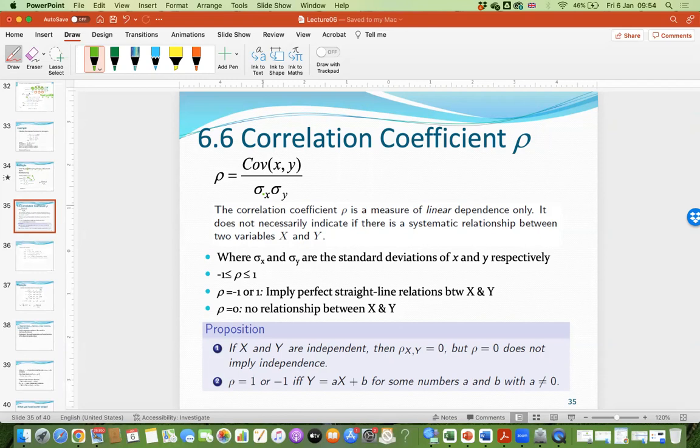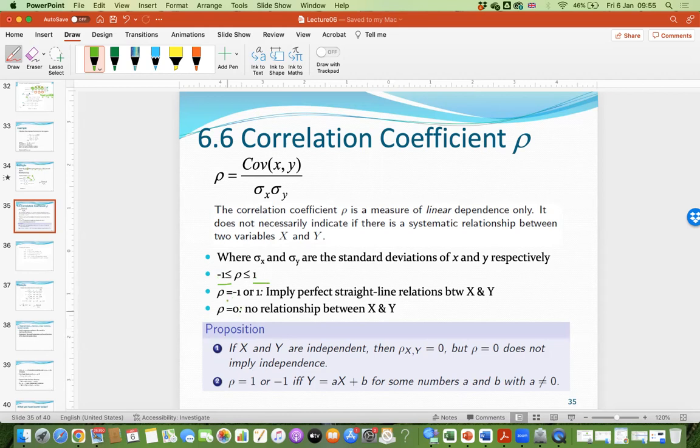If x and y are independent, then the correlation coefficient is 0. But a correlation coefficient of 0 doesn't mean that they are independent. It's just like the covariance. The covariance doesn't have a limit, but the correlation coefficient does. It's between -1 and 1.